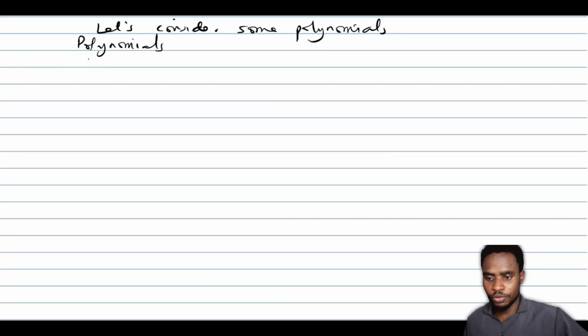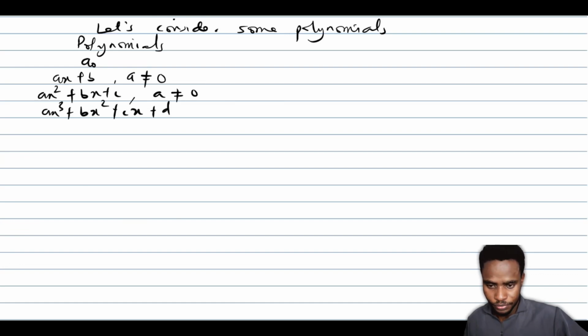Let's start from this polynomial, a naught. Then let's consider as plus b, where the leading coefficient is not 0. Then let's consider as squared plus bs plus c. Similarly, the leading coefficient is not 0. Let's consider the cubic as cubed plus bs squared plus cs plus d with a not equal to 0.